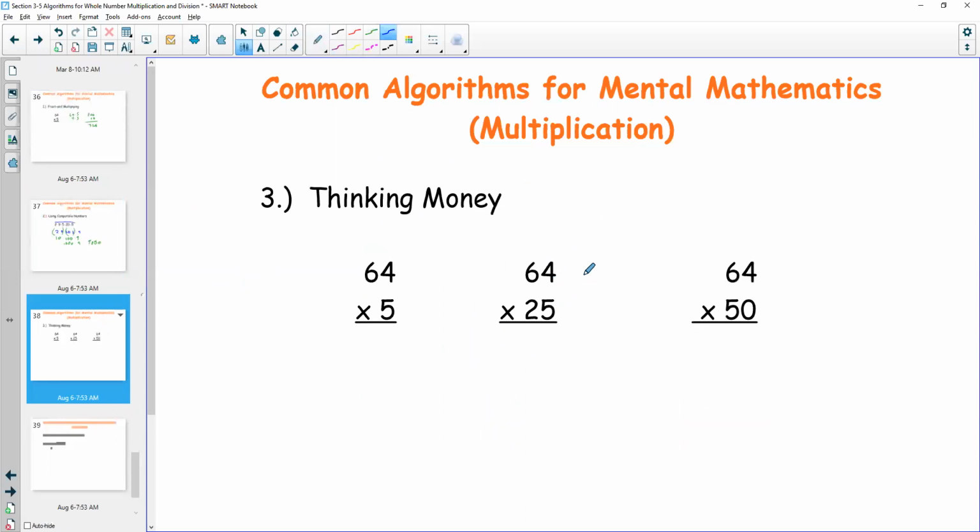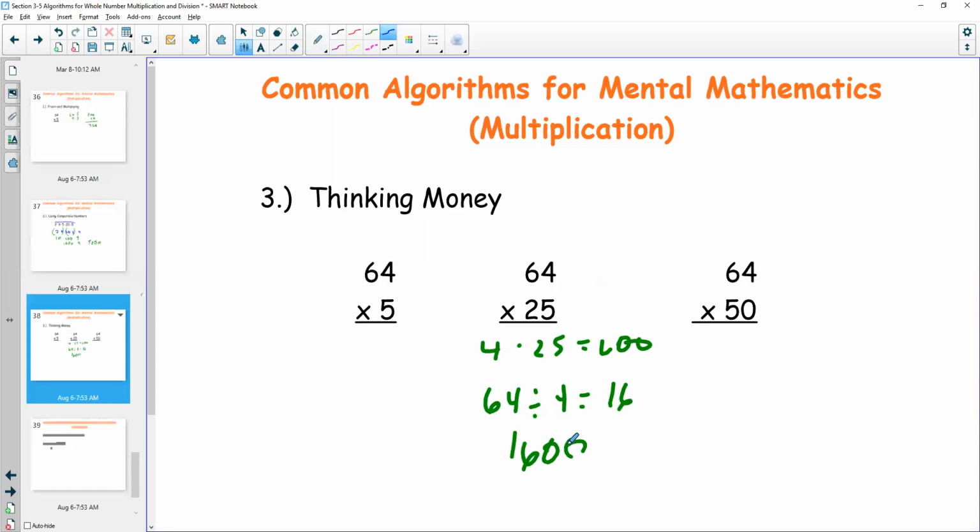So I could make this groups of 4. So for every 4 in 64, I'm making a 100. 4 times 25 is 100, right? So 64 divided by 4 is 16. 16 times 4 groups of 25 is 100. It makes 1,600. It's crazy, right?